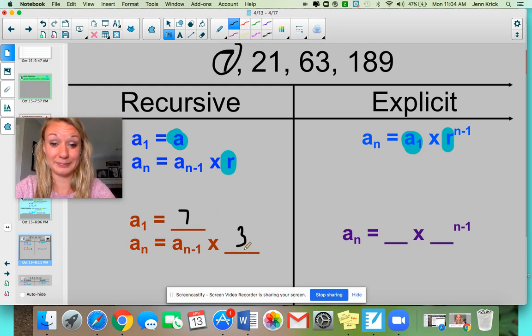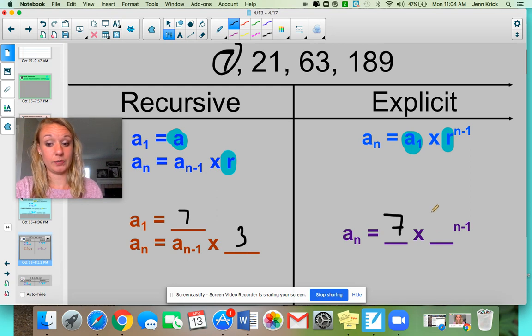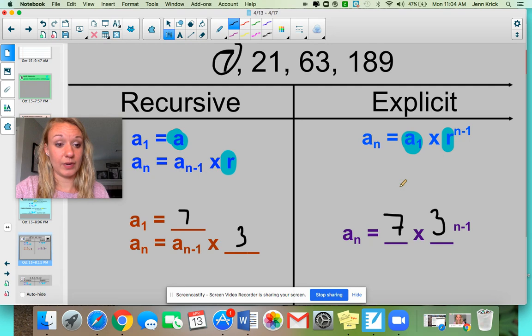And that's it. If I asked you to write out the explicit rule, you're going to take out A1 and you're going to plug in the first value of your sequence, which again is just 7. And then you are going to take out the R and plug in what your common ratio is, which is 3. So it's just 2 different ways to write a rule for the sequence that you can look at.